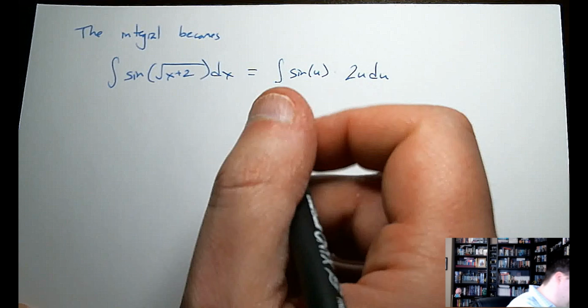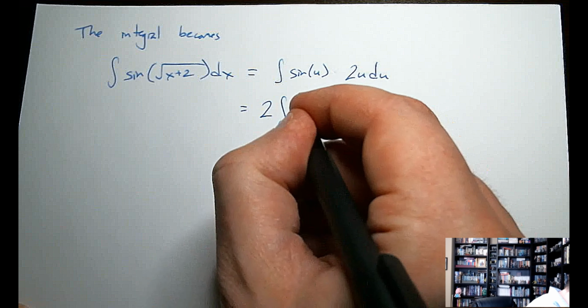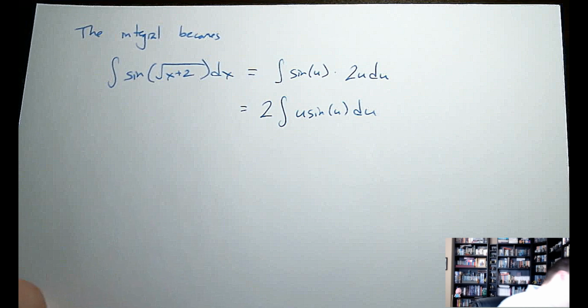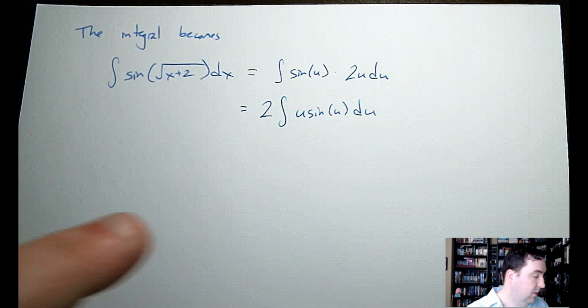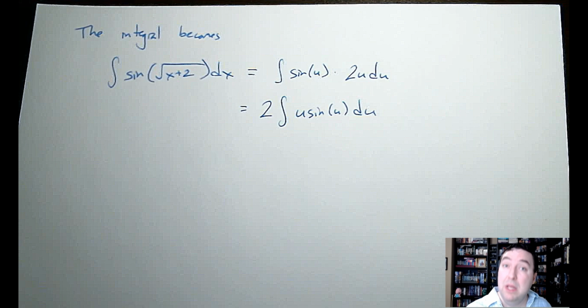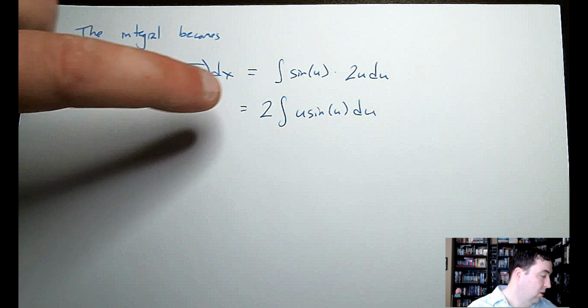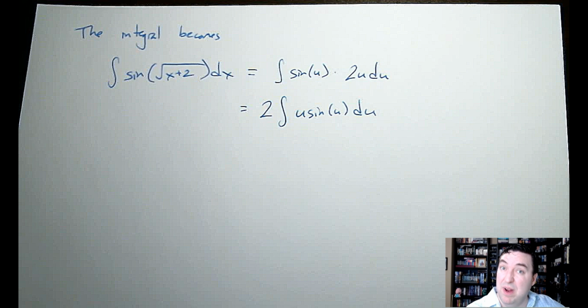All right, and of course that 2 is a constant. So I can write that as 2 times the integral of u sine u du. And all of a sudden we're on much more familiar grounds. That is a very typical integration by parts situation. We can let dv be the sine function because we know how to integrate that.